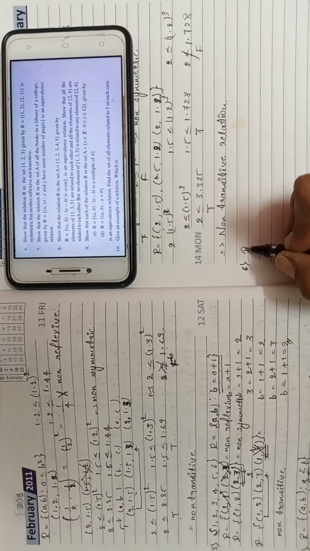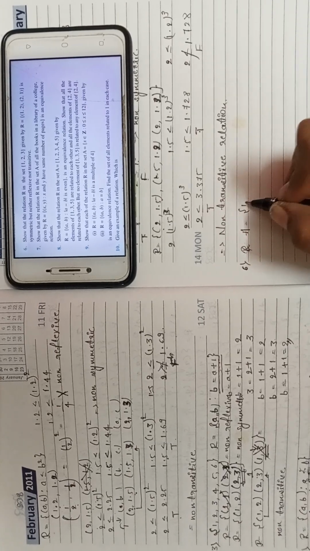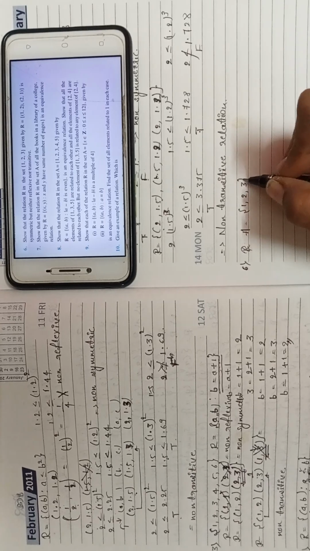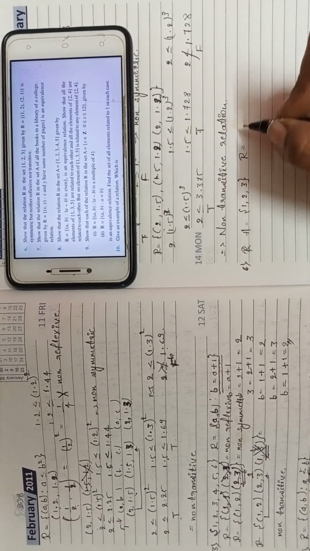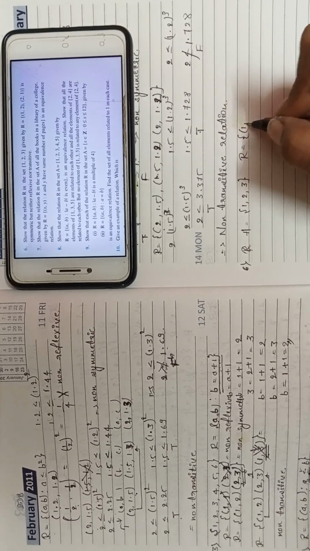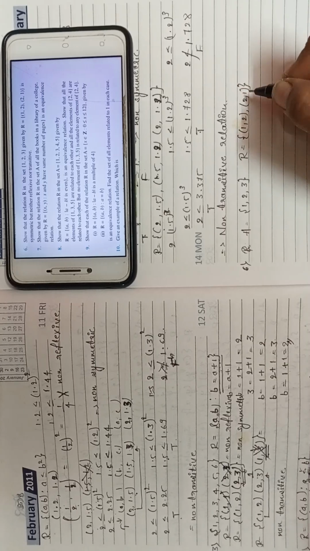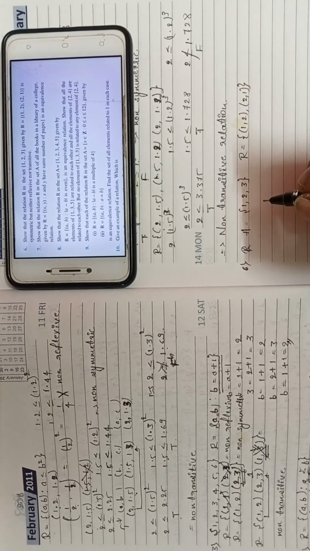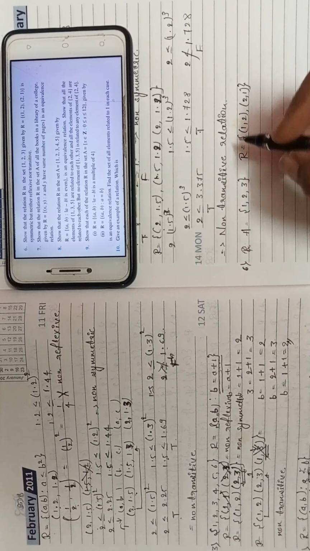So here they have given, let's take set A is {1, 2, 3}. This is the set which they have given. Now the relation they have already defined, that is R = {(1, 2), (2, 1)}. I have to check whether this is reflexive, symmetric or transitive. Let me start with first, that is reflexive. Check whether it is reflexive.